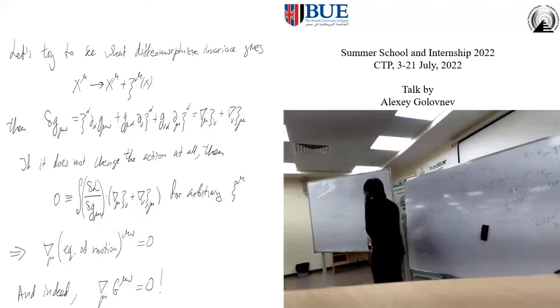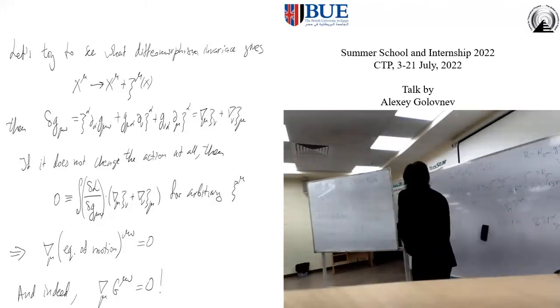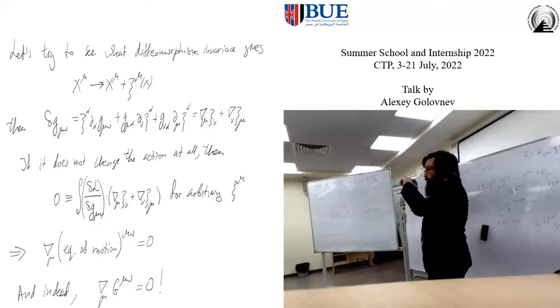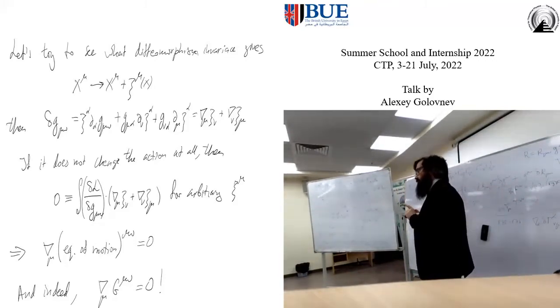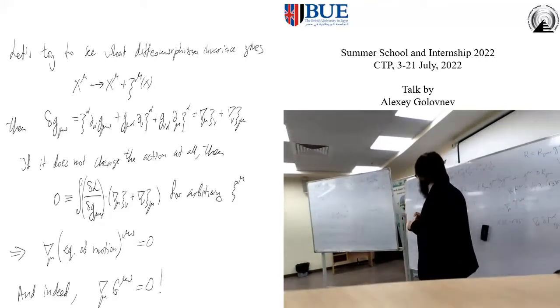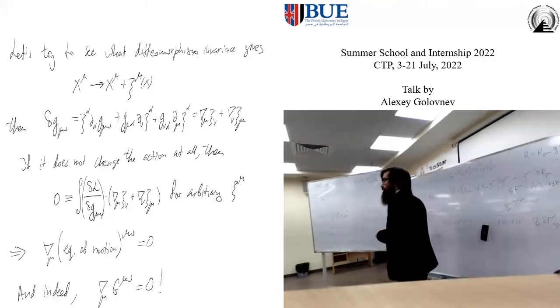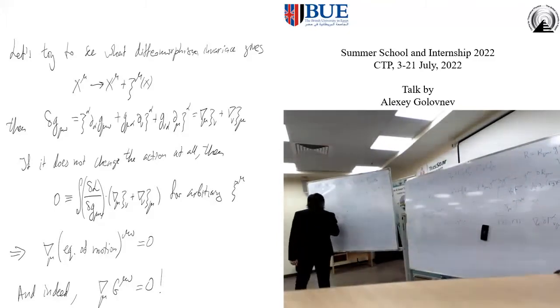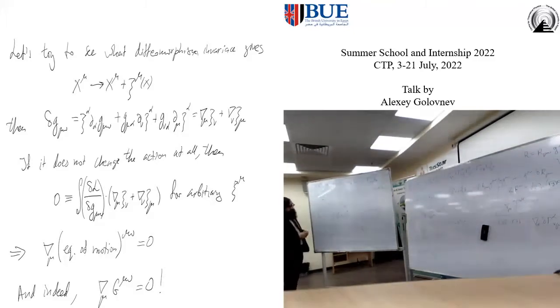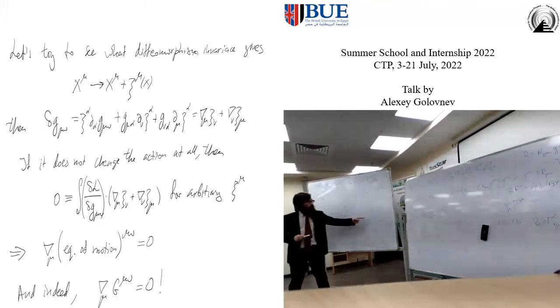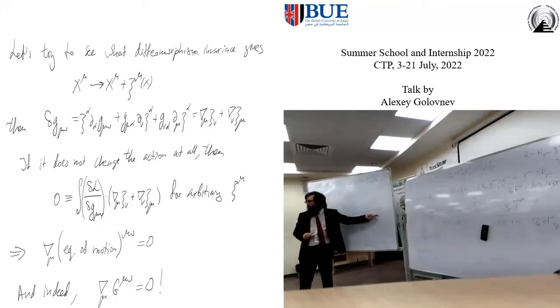That's just diffeomorphism invariance. If I have some symmetry, yes, I would be able to derive some conservation law, which assumes that the equations of motion are satisfied. That's when I need the Killing vector. But actually, the diffeomorphism invariance assumes that I can always do that, and it's still correct.